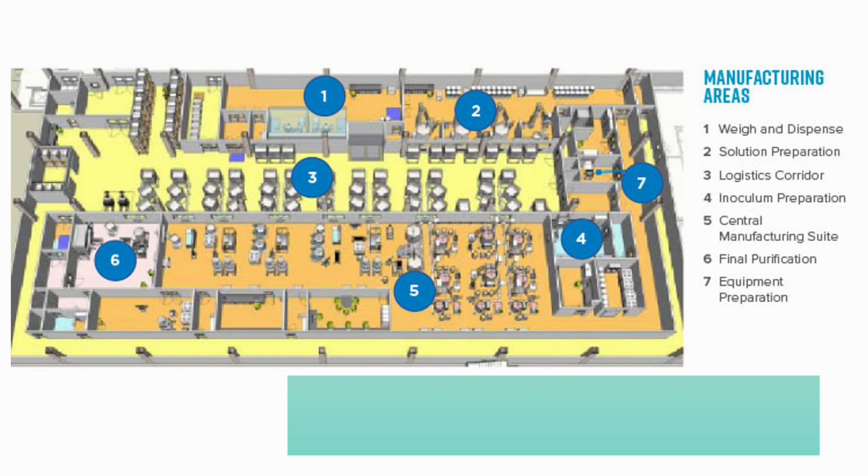In section 3, we have the logistics corridor. Section 4 is inoculum preparation. Section 5 is the central manufacturing suite, and then you have section 6, which is the final purification, and section 7, which is equipment preparation.